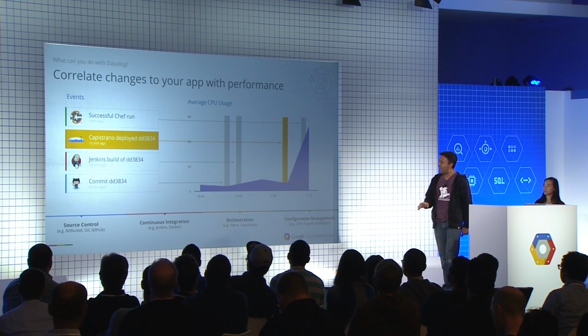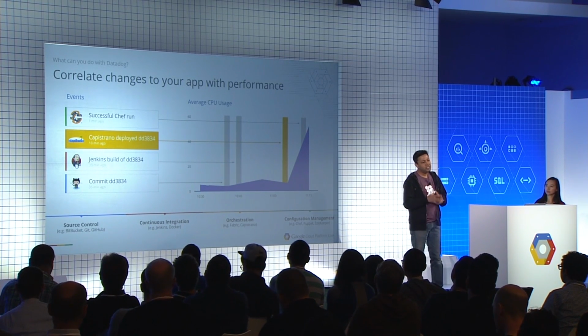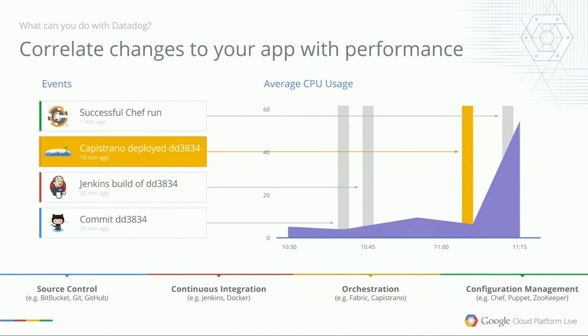So not only that, we'll also capture change events within your application. So for example, if you're using configuration management tools or deployment tools, we'll gather changes from there and bring them in context with your performance metrics so you can see right after deployment if performance of your application changes, you can see it right there.